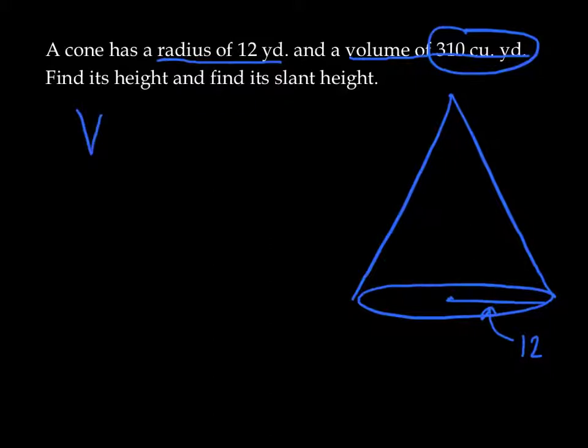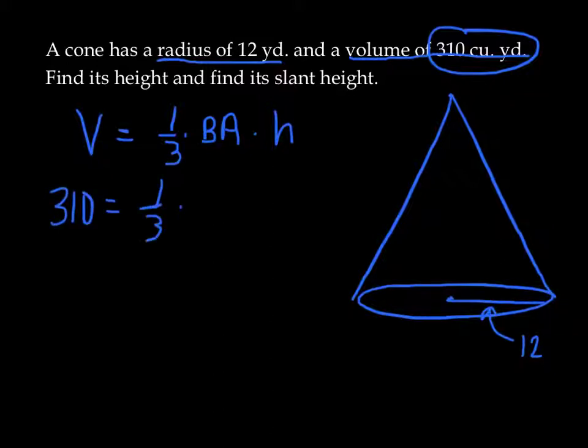Well, let's write out the formula for volume. That's 1/3 times the base area times the height. Well, let's see, what do we know? The volume is 310. The base area is pi times r squared. That's pi times 12 squared. And the height is unknown.